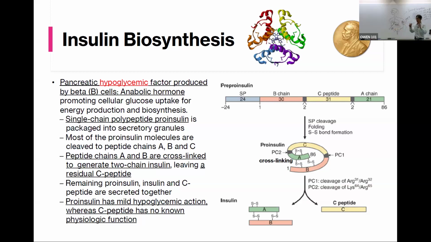But as I mentioned, all the cells have the same genes. It's just about when they are transcribed and when they are expressed, right? So what else? What is the kidney doing here? Why are we talking about the kidney in terms of sugar metabolism and diabetes? Why is the kidney important? Any ideas?